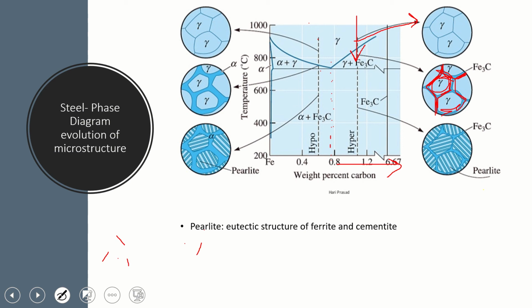And as you decrease the temperature even more, you get right here the pearlite microstructure, and then you get the pearlite concentrations inside of cementite areas.